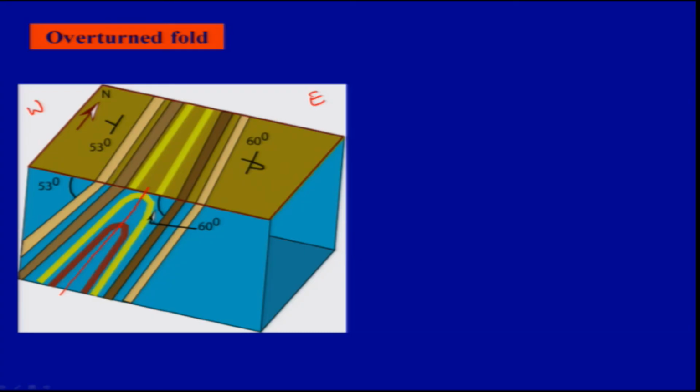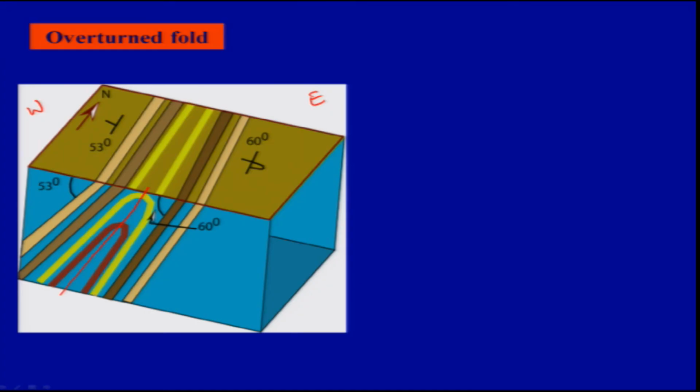On the western side of the limb, the dip is around 253 degrees, and this is also dipping in the same direction, but they have overturned. As we were talking about, if the layers are overturned beyond the vertical, then we term that an overturned fold.